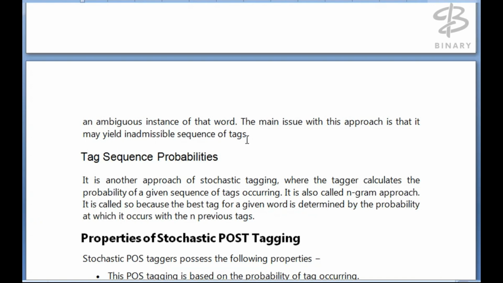Okay, and the main use of this approach is for inadmissible sequences of words. Whenever we speak, we use words, and then we have to place each word at the appropriate place while we are speaking and tagging things.